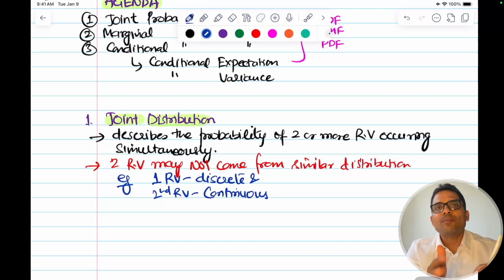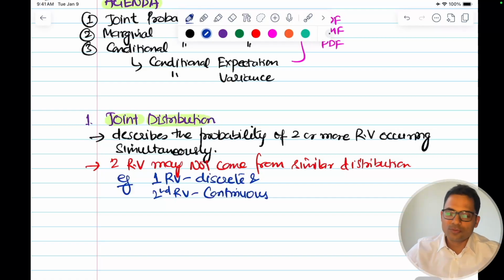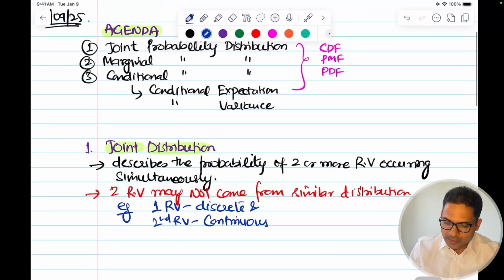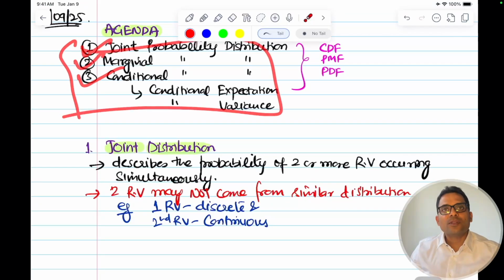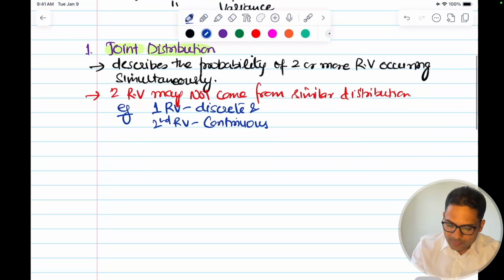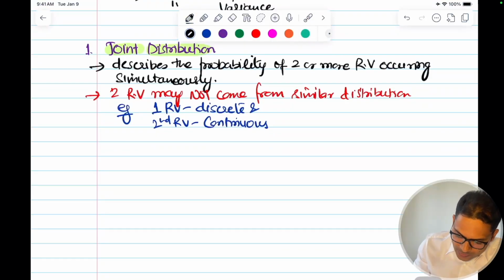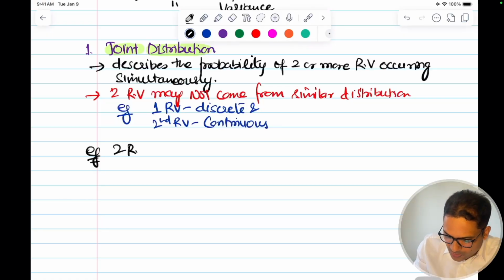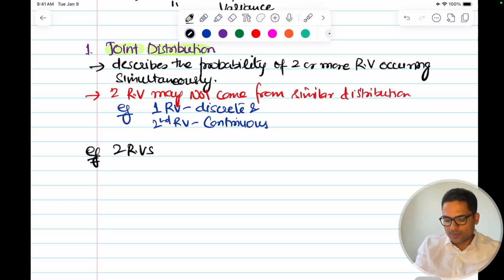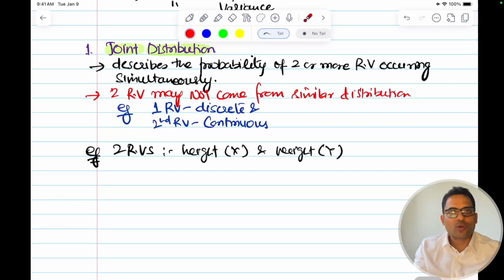There will be one common example running through this lecture to understand all the three concepts. So one example that I gave you: two random variables can be height of a person X and weight of a person Y. We can model the problem in any way.